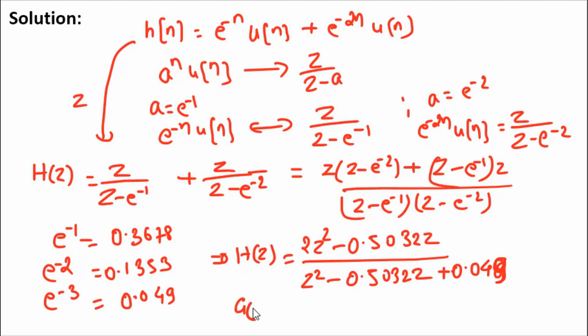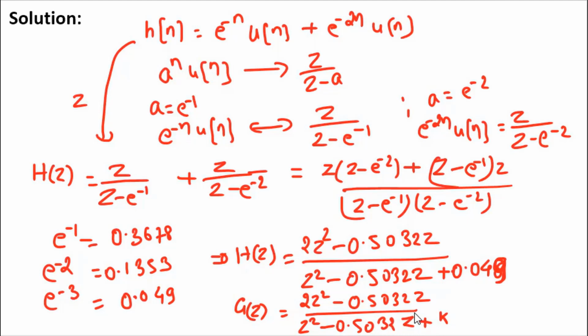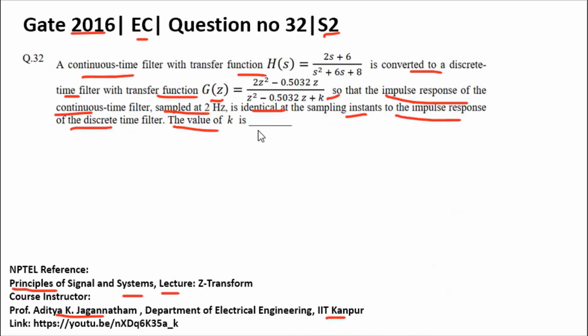So by comparing with G(z), which is given in the question as (2z² − 0.5032z)/(z² − 0.5032z + k), you get the value of k as 0.049. So the correct answer for this question is k equal to 0.049.